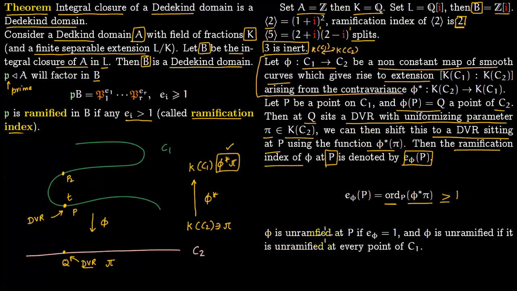Phi is unramified at point P if this is 1, and phi is unramified if it is unramified at every point of C1. So you can talk about unramified at a point P or unramified in general. If you just say phi is unramified, that means it is unramified at every point of curve 1. So this is ramification for curves, or you can say Riemann surfaces.